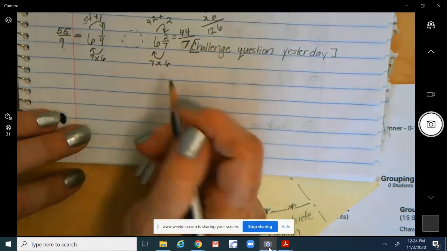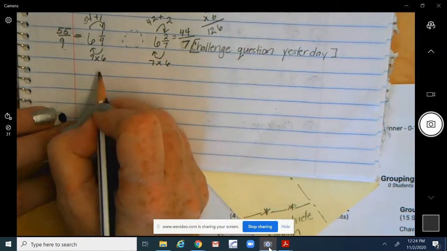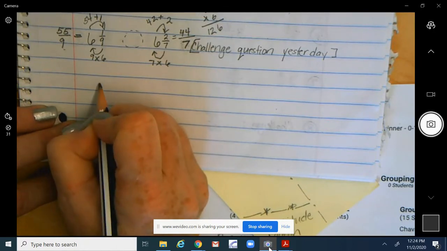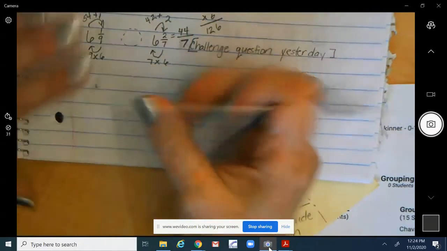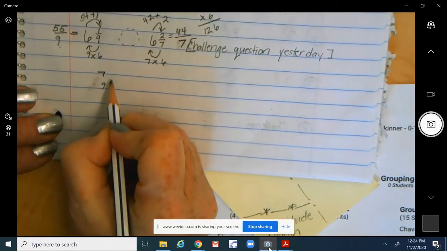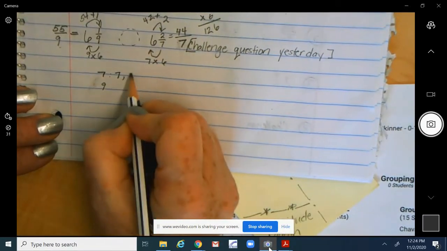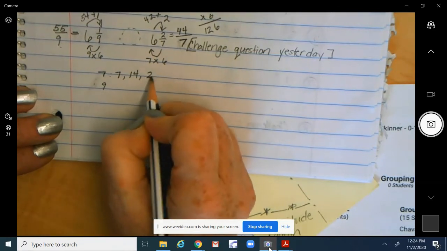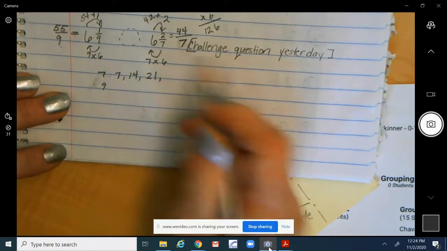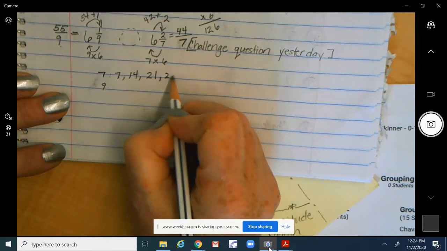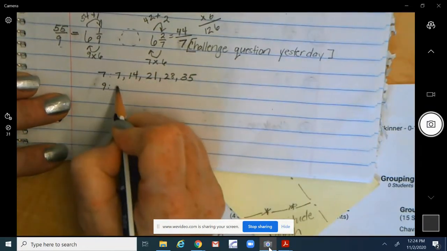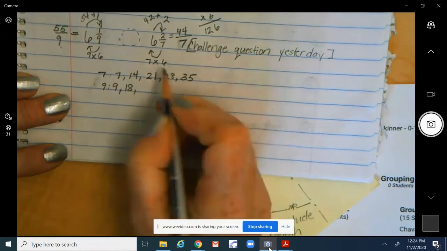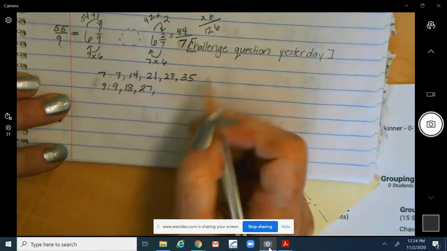9 times 7 is 63. If I list the multiples of 7 and 9, 7 times 2, 7 times 3, 7 times 4, 7 times 5, oh, I do not think we are going to get a common multiple doing it this way.